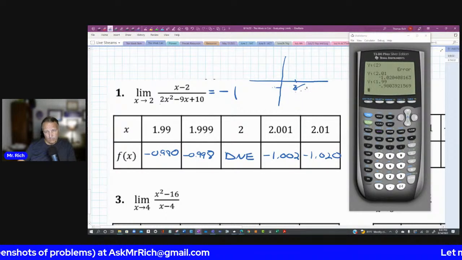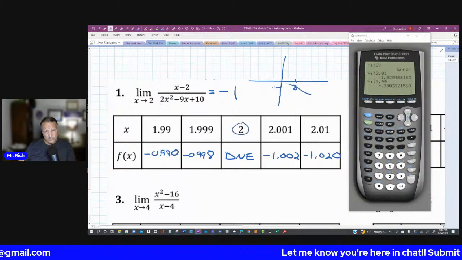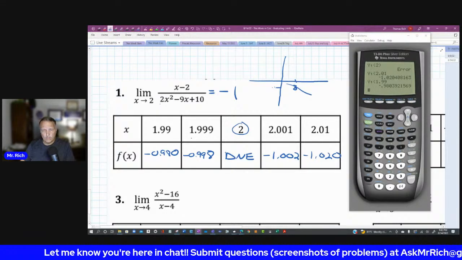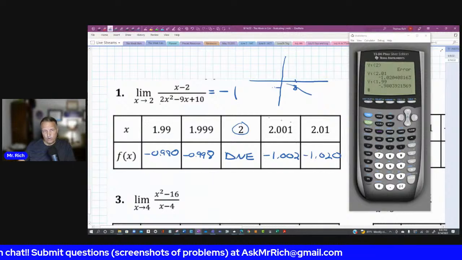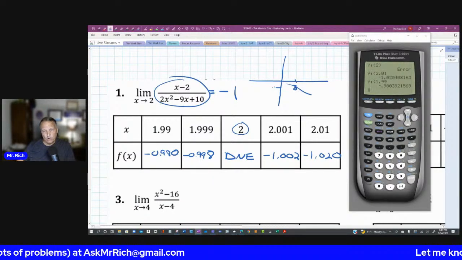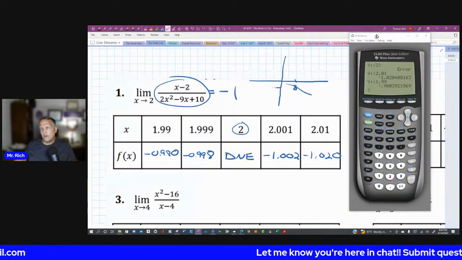No, it has to be going the other way. Looks like it would be going this way, because just to the left of x equals 2, the y values are slightly higher than -1. And then just to the right of 2, they dip below -1. So you can graph that yourself and see if that's not the behavior, that you have a hole at x equals 2. So that's what we call doing numerical analysis.